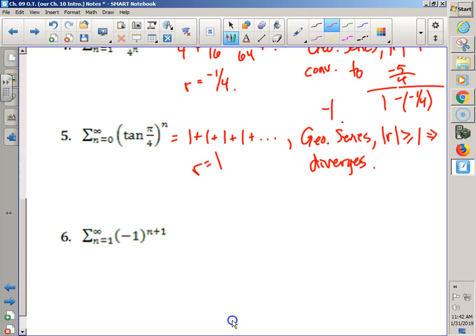Wait, on the AP, they usually make these like FRQs, not an entire FRQ. Whether or not it's a part of an FRQ, there are always multiple choice questions, and the multiple choice questions give you multiple series asking which of them converge or diverge, and you have to do multiple tests to multiple series in one multiple choice question.